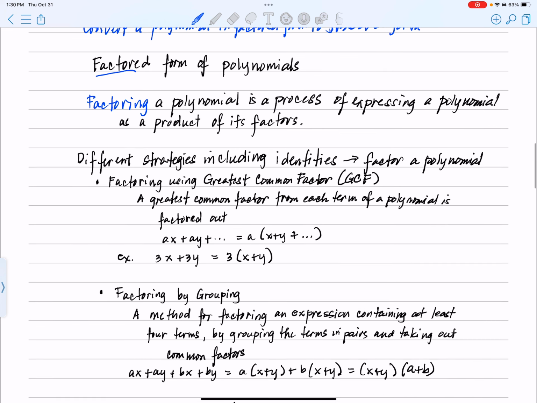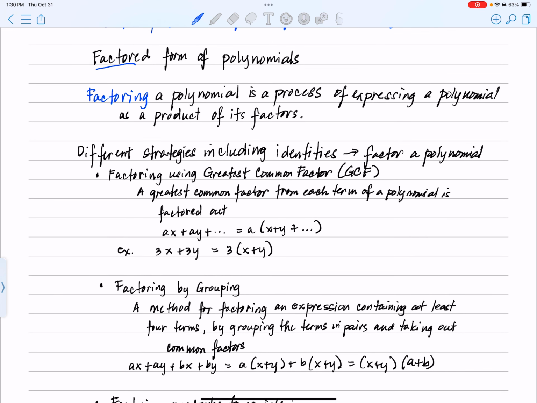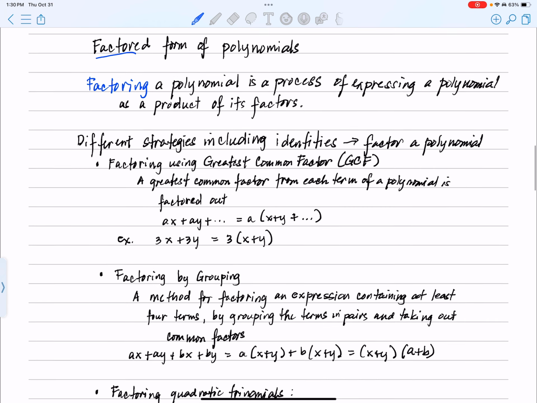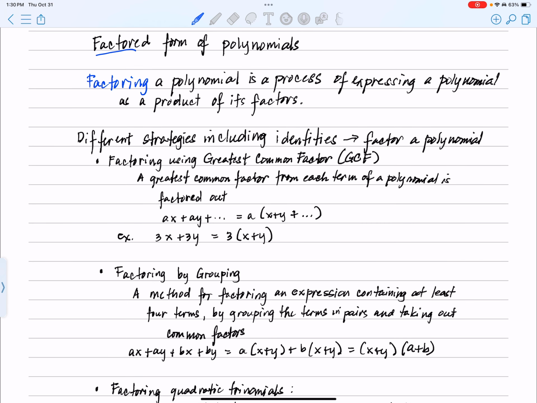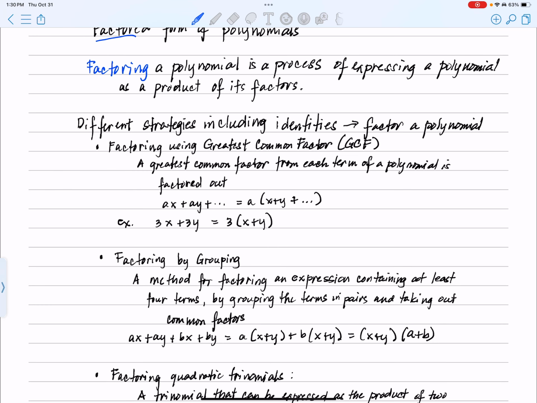So, we have learned several different strategies, including the identities before in our Algebra 2, and that can help us factor a polynomial. So, okay, one way is factoring using the greatest common factor.